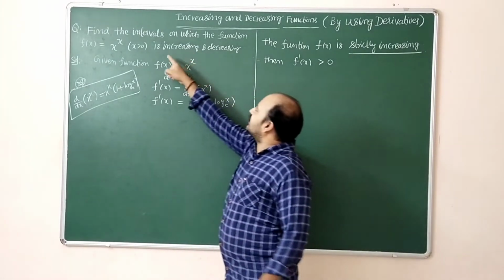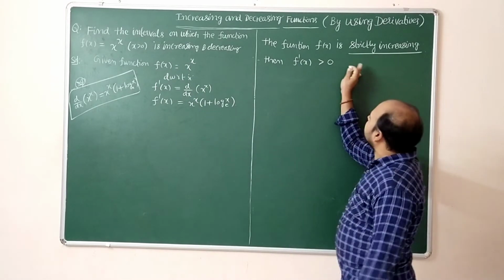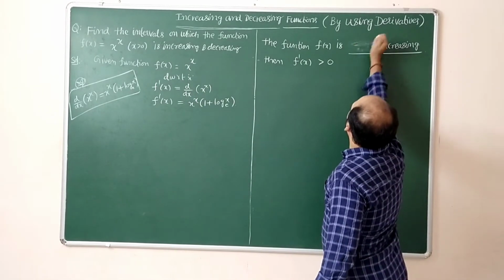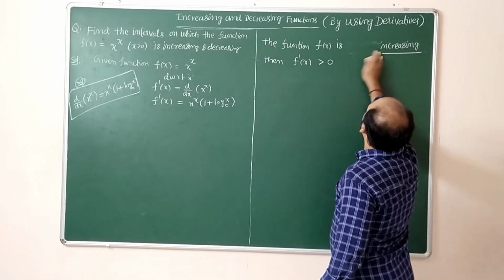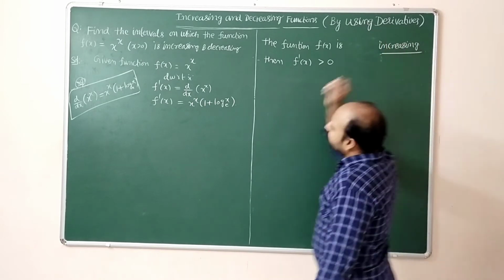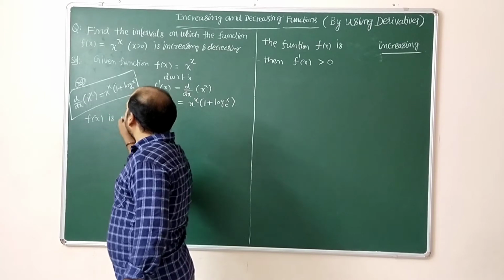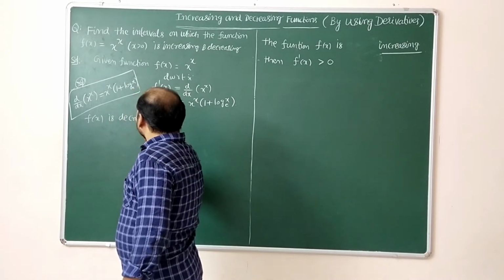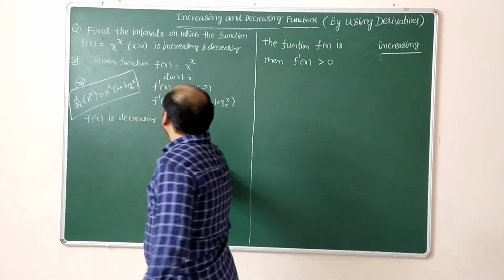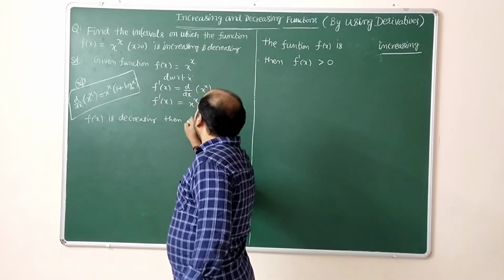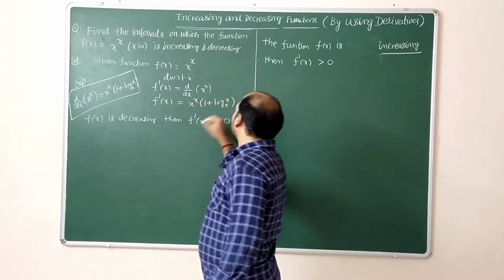Now come to the intervals, increasing, decreasing. Here increasing is already there, so here I am writing decreasing. The function f of x is decreasing. Then f dash of x is less than 0.